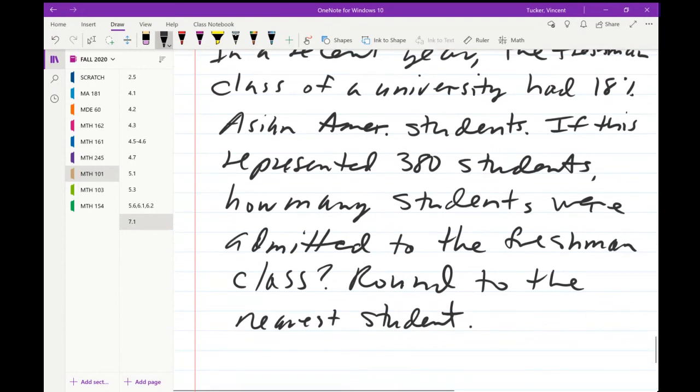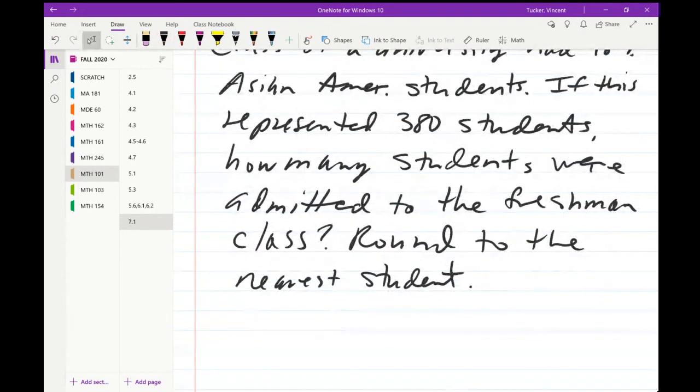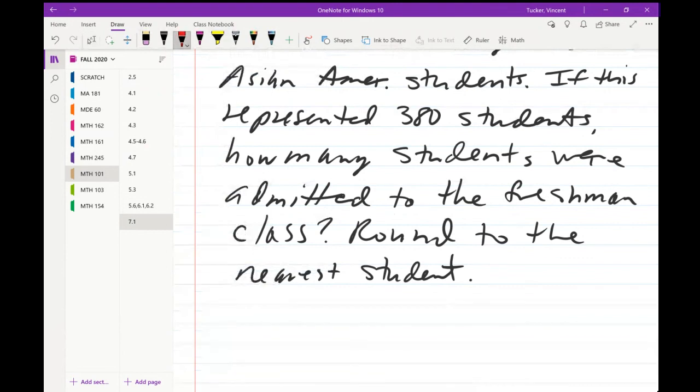So when we go to set up our proportion, we need to establish what is the part and the whole, or the is or the of, like we established before. It was easier before because all we had was the one sentence. But here, we're looking at part and whole. We know the percentage, which is 18, and that is going to be set over 100.